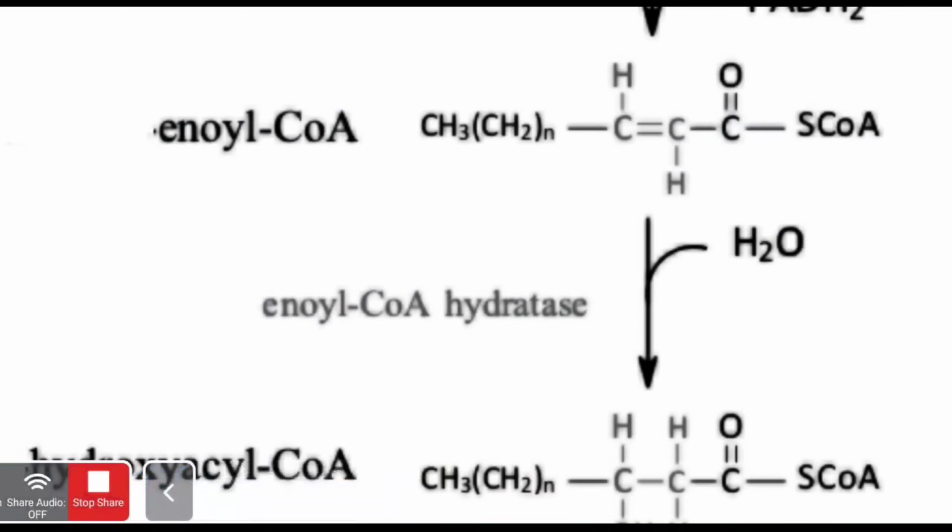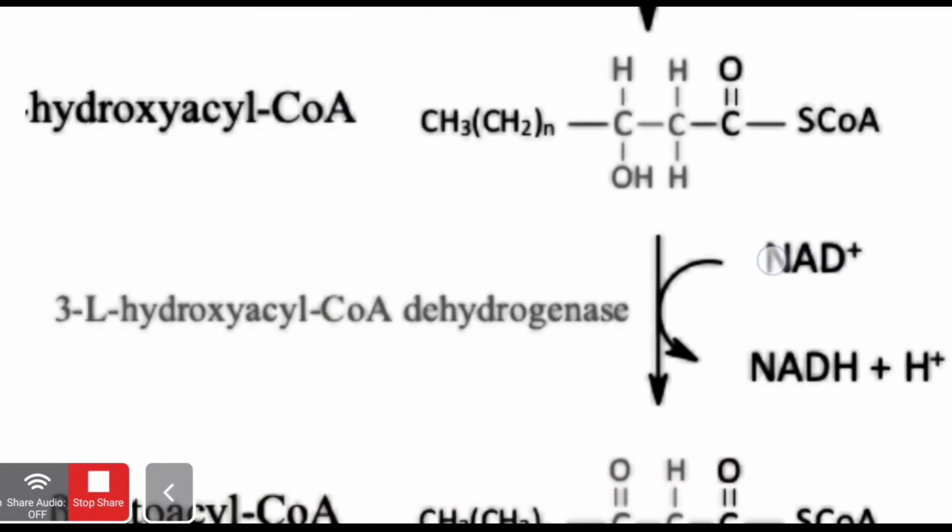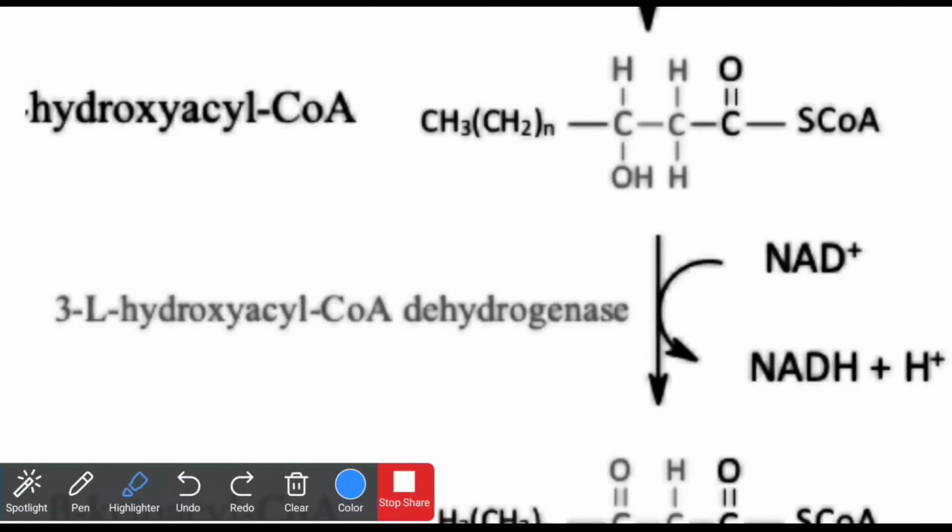Now we have the hydroxyacyl coenzyme A molecule, and again we deal with a reaction called dehydrogenation 2. This time dehydrogenation 2 comes into the scene because dehydrogenation 1 has already happened.